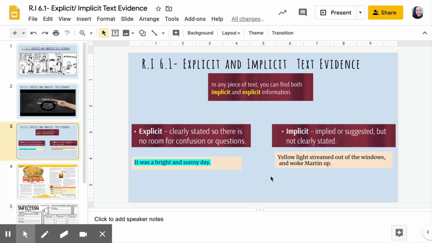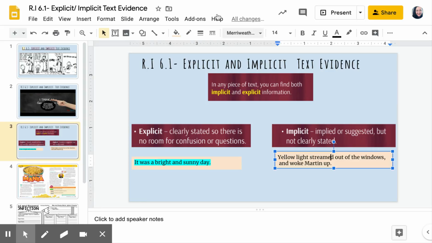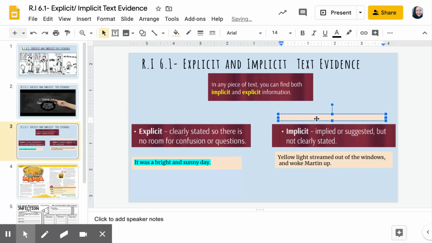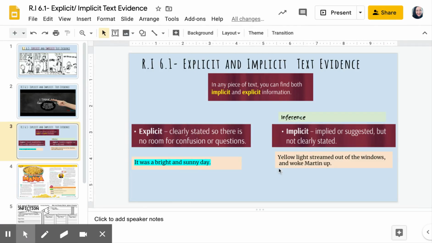Now, implicit text evidence is implied. When I think of implicit text evidence, I also like to think of, and you need to make an inference. And we know that an inference is a prediction based on what you're reading in the text. So it's not clearly stated.